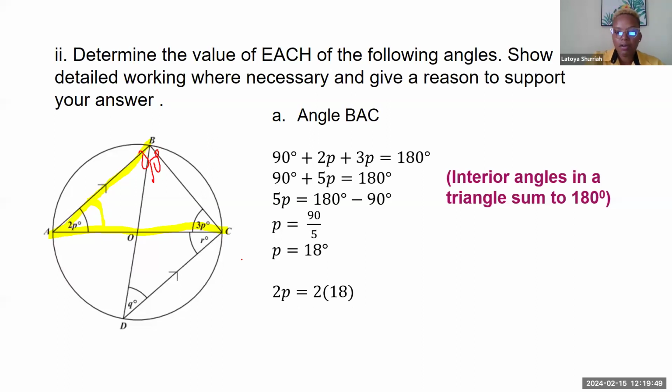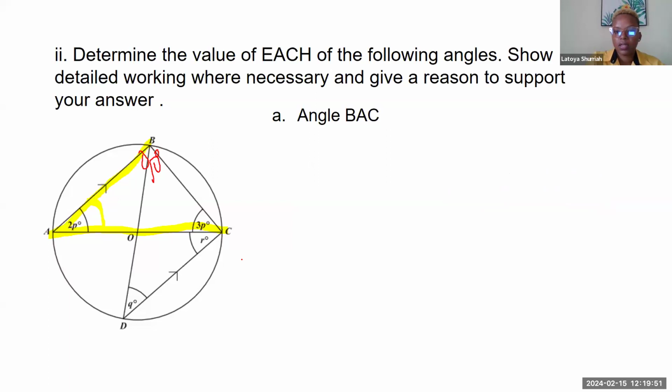Awesome sauce. All right, so let's go back now to how we get the value for 2p. So the first thing Rihanna identified is that there is a triangle in play. And we know that the sum of the interior angles of a triangle is 180 degrees. So all we need to do is write an expression with the values that we have to show that the interior angles in a triangle sum to 180 degrees.